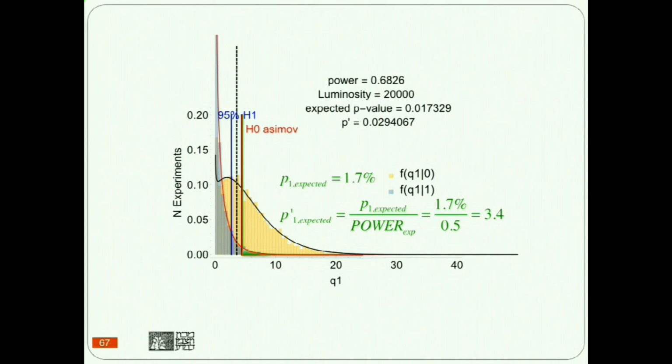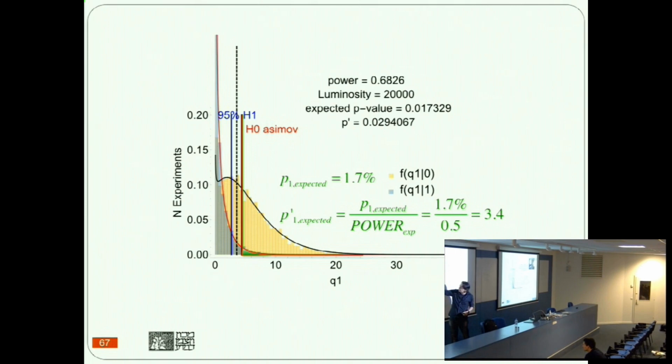How the CLS looks when we use the profile likelihood. So I have here Q mu under mu, so it's half a chi-square. This is Q mu under 1. It looks like this. This is the Asimov data set.